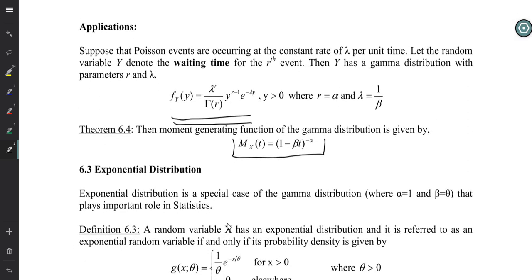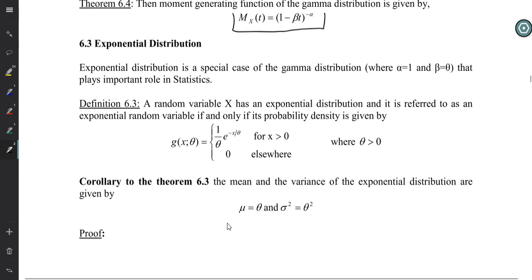Okay, so we learned about the gamma distribution because it is very useful when we define the exponential distribution. That is our third density function. Exponential distribution is widely used compared to the gamma distribution, because in our day-to-day life and in many research topics, we end up with random variables following this exponential distribution or this exponential decay.